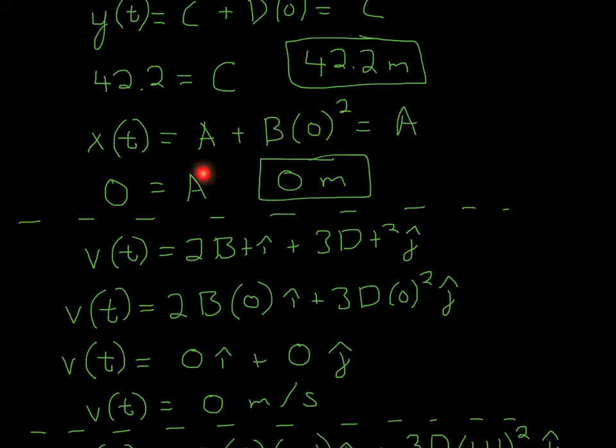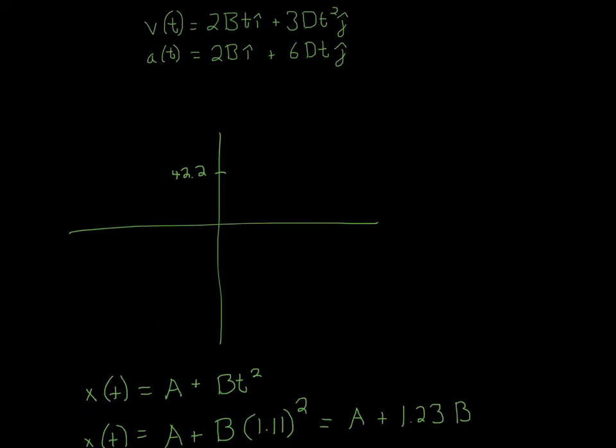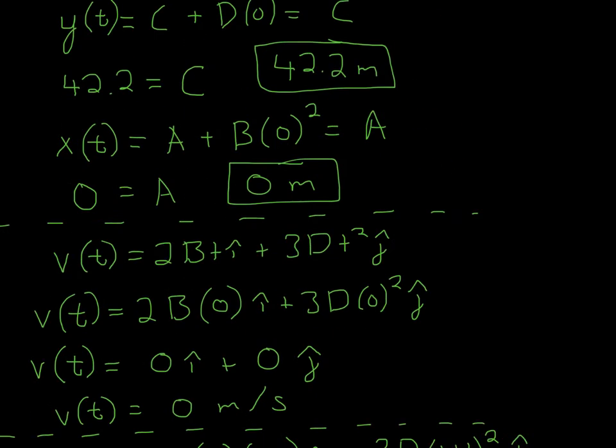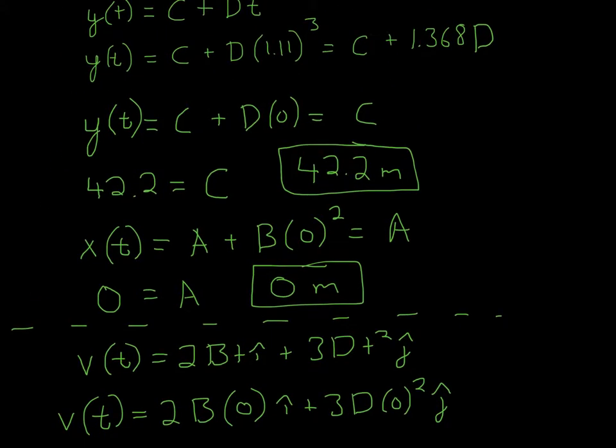Then I set a equal to 0, because the position at time equals 0 in the x direction is 0. If this is where the rocket is, there's nothing on the x-axis. So I get 0 meters. Once again, make sure it's not negative or positive.